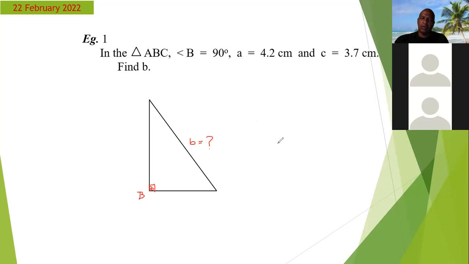Not always, but determined by jargon to describe it. All right, so what is good in terms of this is that it doesn't matter which of the other two vertices you want to call by the other two letters. So if you want to label up here as A, that is okay.